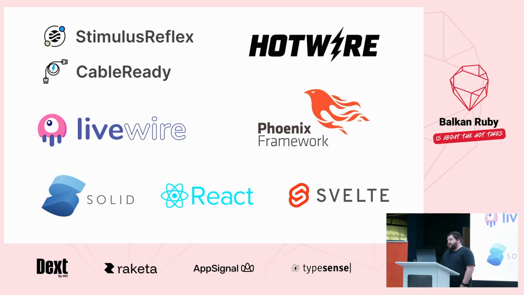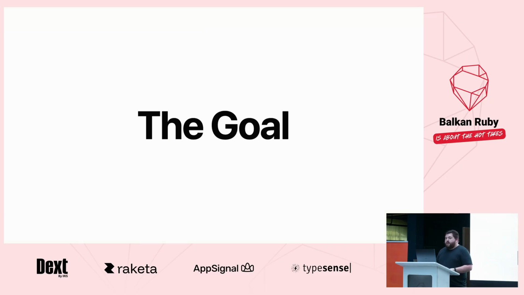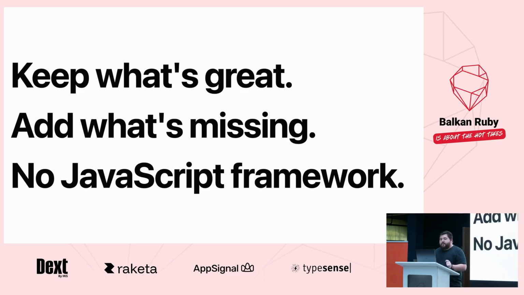And that was the inspiration for this initiative to try to make ReactionView possible, which is just to bring reactivity to Action View itself. And the goal is, as I mentioned earlier, to have these updates and track what changed, only render what is actually changing, and then only patch that and send it to the clients. So we want to keep what's great, we want to add what's missing, so we don't need JavaScript frameworks.